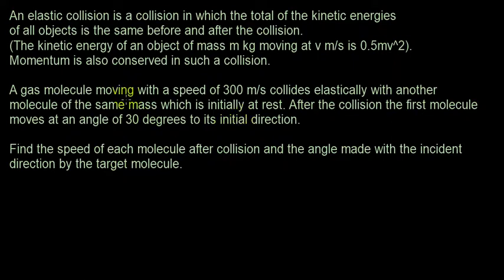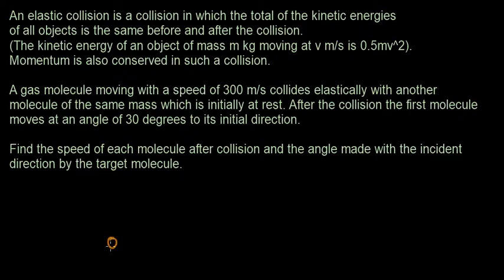It doesn't say what direction it's moving in, so I'm just going to assume that it's moving along the x direction, because it doesn't specify. You could theoretically move it in any direction you want, but I'm going to make it move along the x so we can do all the calculations a little bit easier.